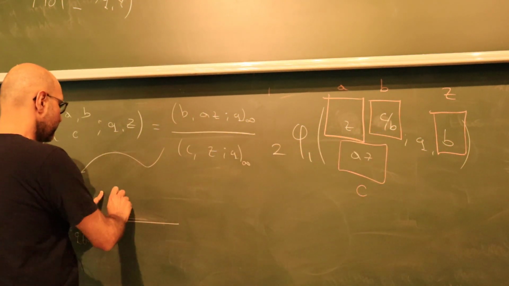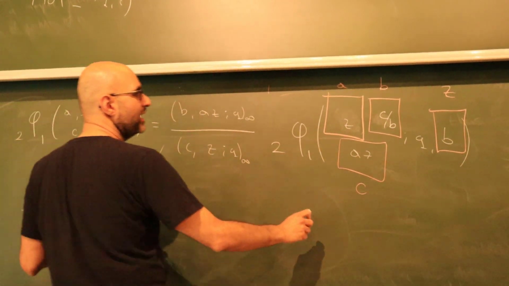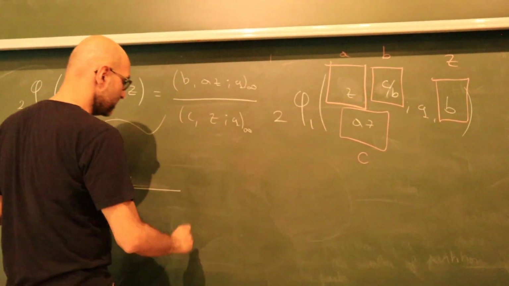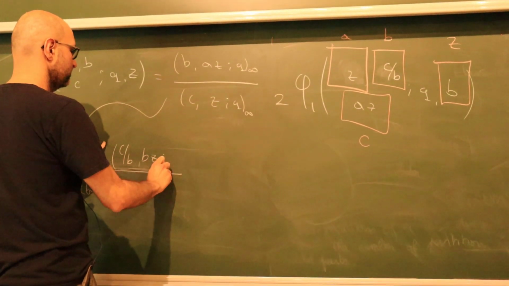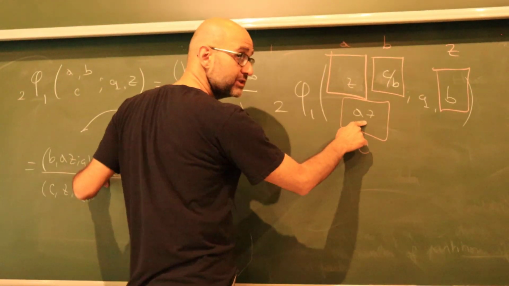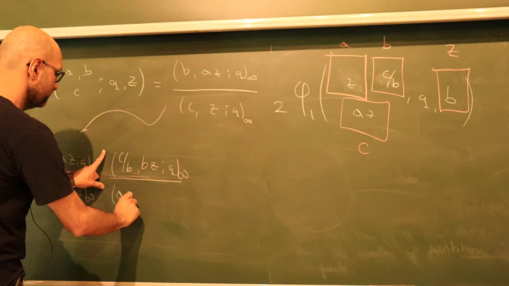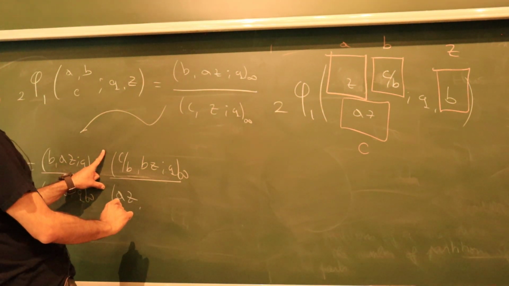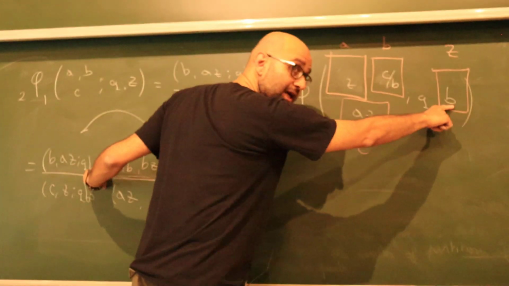Well, we have C divided by B. What's A times z? That's B times z now. And downstairs we have C. What's C? That's A times z.